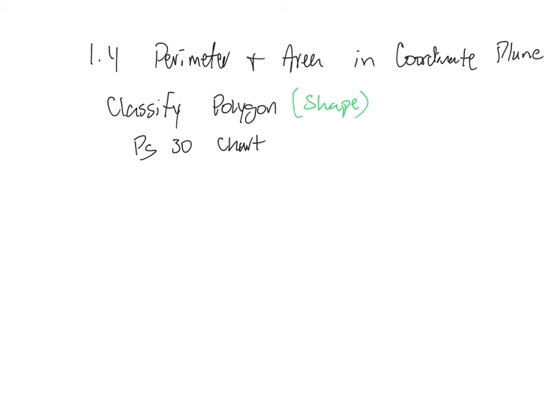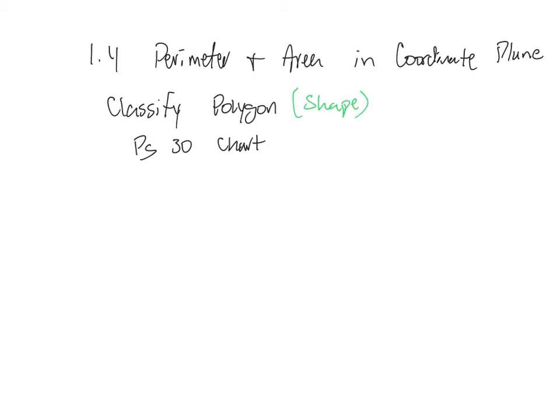Maybe you want to Google it if you're curious. 12 is a dodecagon. And anything after that, we just say an N-gon, like the letter N. If it was 15 sides, you would call it a 15-gon. If it was 20 sides, you'd say a 20-gon. You just use the number.